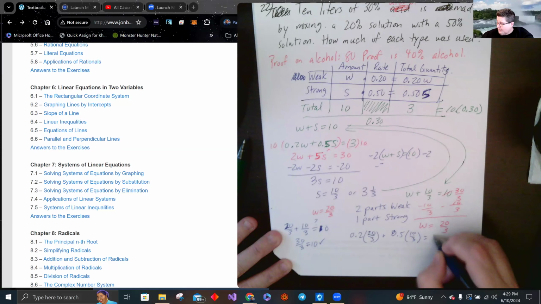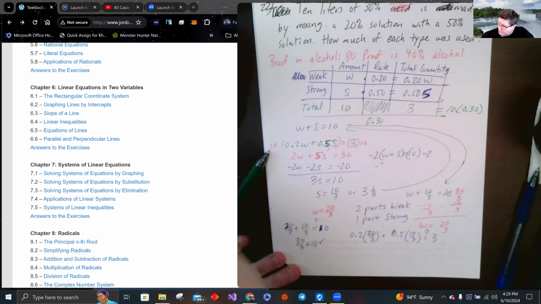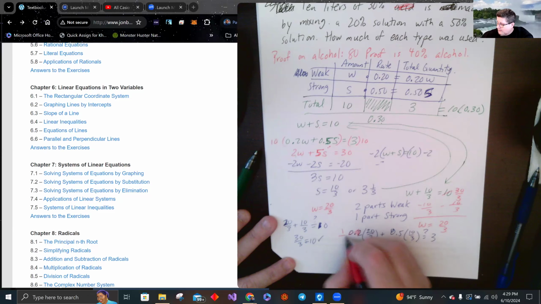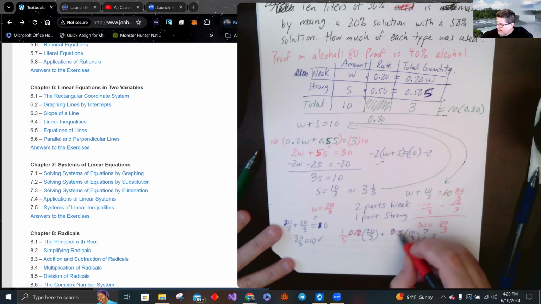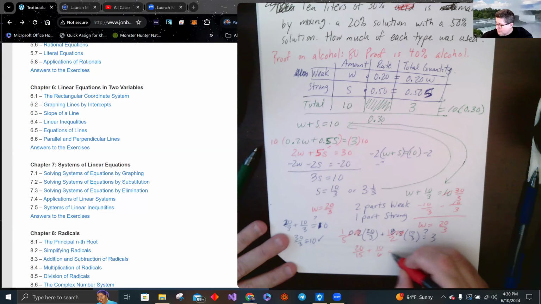Does that equal 3? So 0.2 is the same thing as 1/5, and 0.5 is the same thing as 1/2. If I multiply this, I have 20 over 15 plus 10 over 6. Does that equal 3?